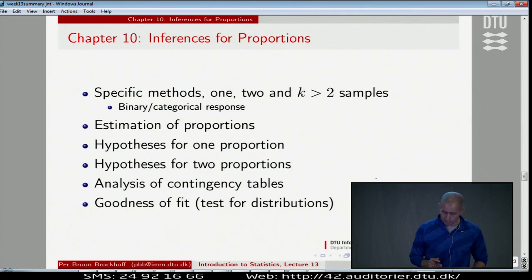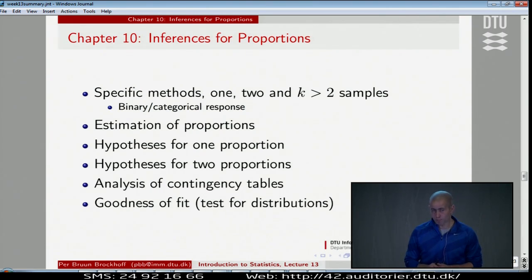The final part of this sort of basic stats was, in a way, how do we do basic stats on proportions? That is, when we basically measure a binary thing, we ask people to vote for this or that, or we flip a coin, or do you survive a disease during a medical study, or did you improve, or we count something.